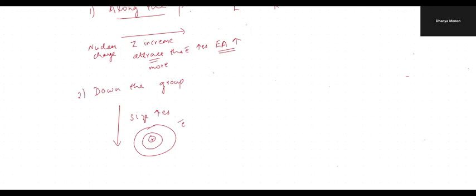So the nucleus will not be able to attract the electrons more. As you're coming down, the force with which the nucleus attracts the electrons is less. So the energy released is reduced. So electron affinity decreases down the group.